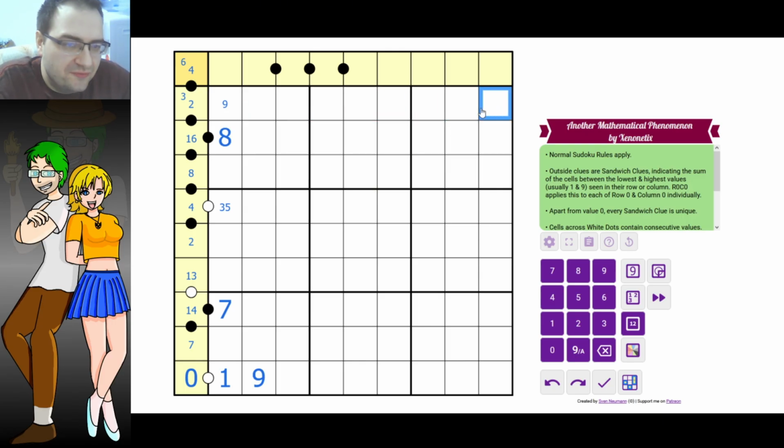Now, if we remove the 1 and put it here, for example, this could be 3, because now this whole sandwich is the numbers from 1 to 9, except 1, 3, and 9, which is 32. Either we have a 1, 9 here, and this is the 3, or we have 1, 9 here, and this is the 3.